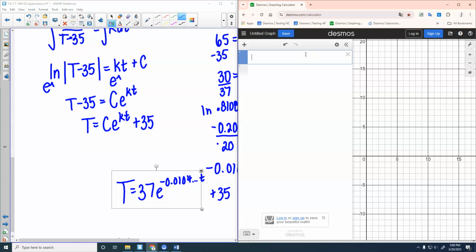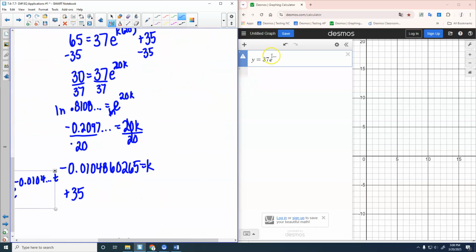So I'm going to use y equals 37 e to the negative 0.01048600265 t plus 35.